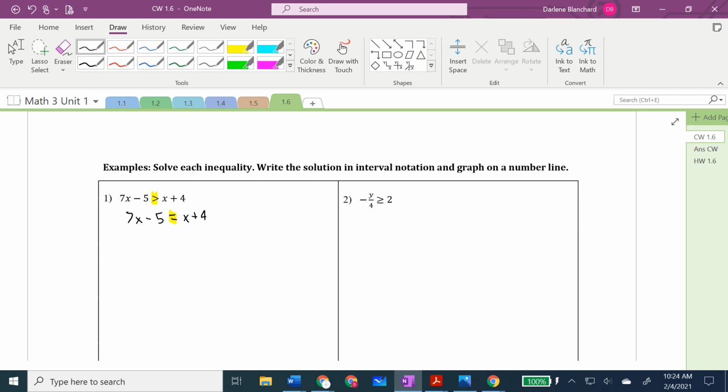So if you think about it, you need to get the x's on one side, and you can do that by subtracting x. I'm subtracting x, but I am not multiplying by a negative, and I am not dividing by a negative. I don't have to change the direction of my inequality when I subtract.